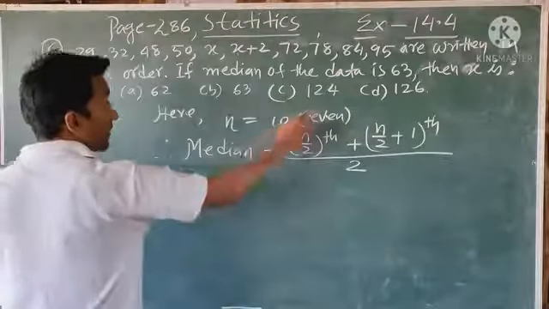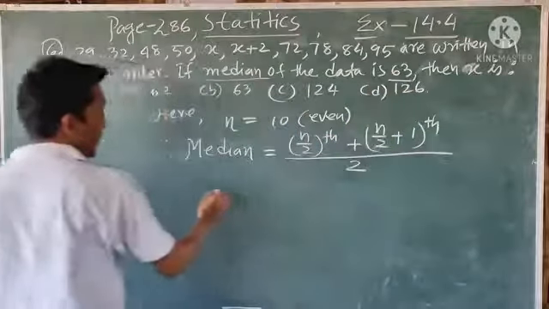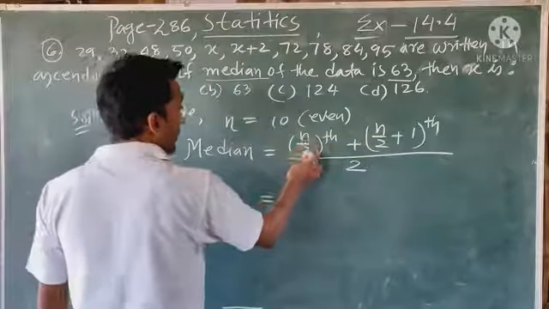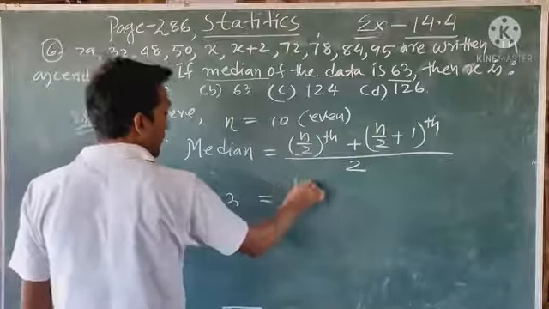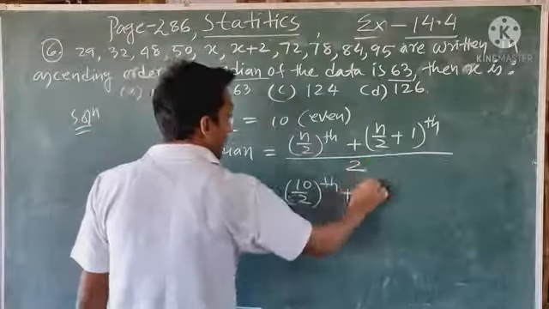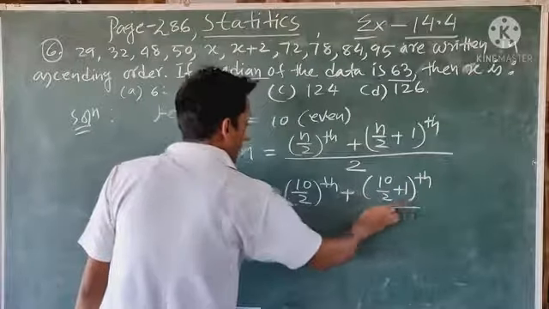So the median is already given. Median is 63. So you write median as 63. n by 2, n is 10. 10 by 2 plus 10 by 2 plus 1, divided by 2.